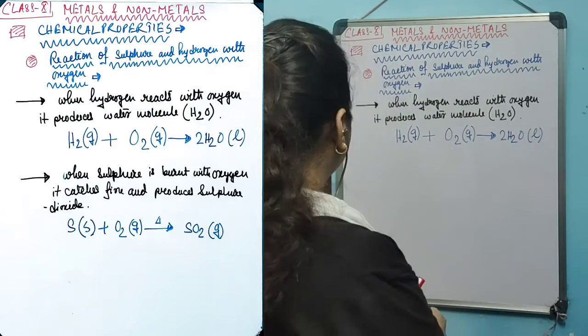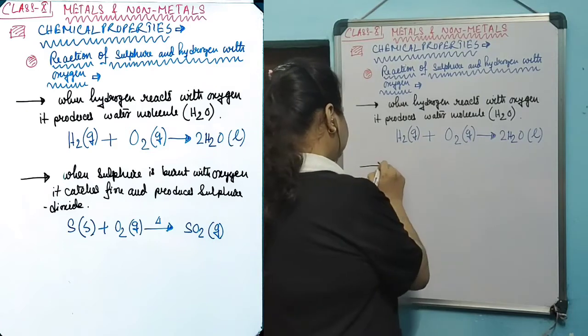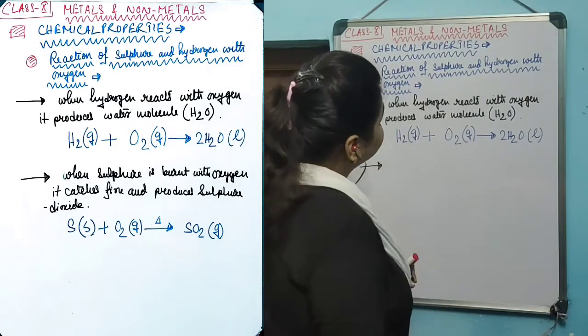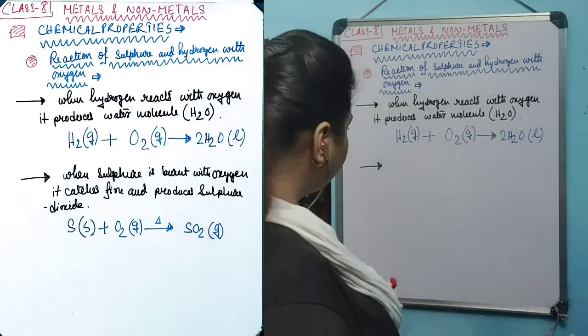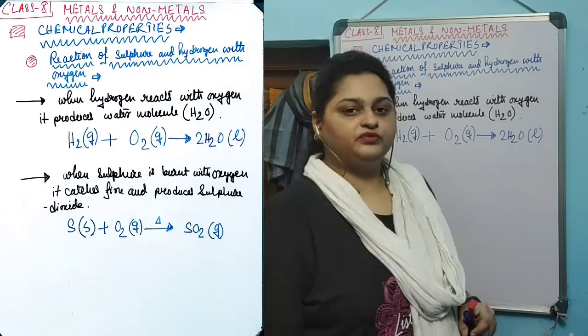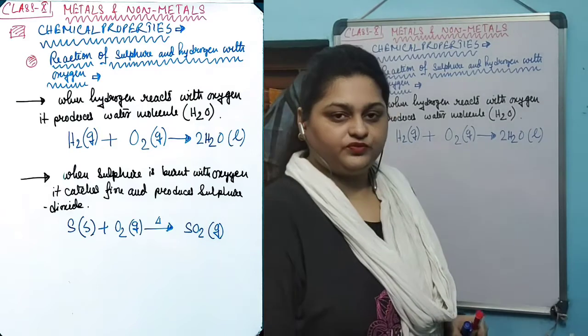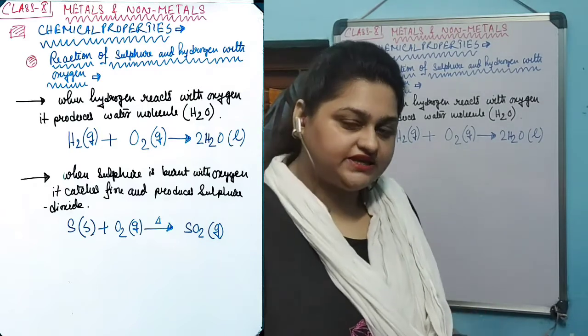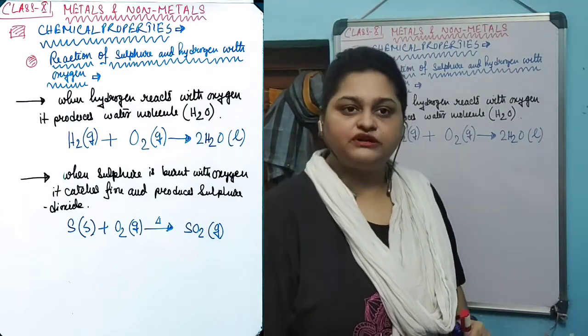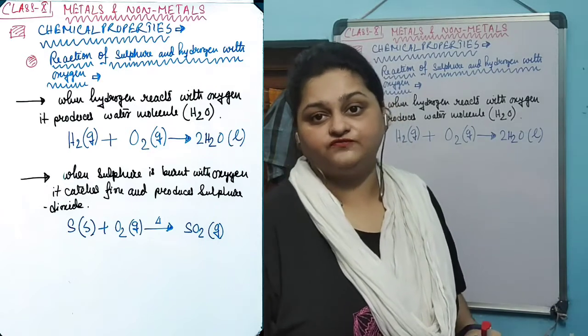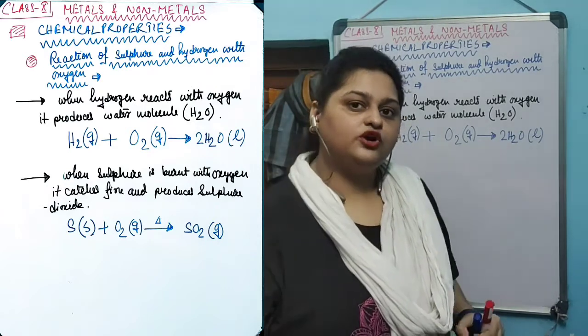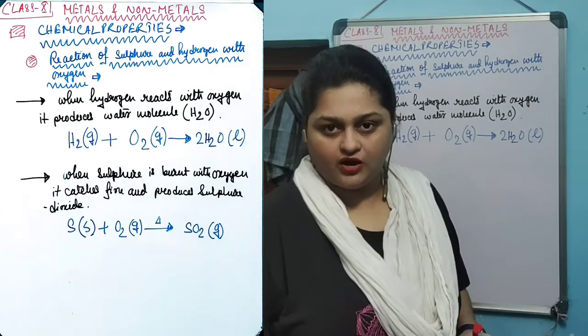The next reaction that we are going to study is the reaction of sulfur with oxygen. We know that sulfur, when it reacts with oxygen, produces sulfur dioxide. We have seen that when sulfur is heated, it catches fire and a white powder of sulfur dioxide is precipitated out.